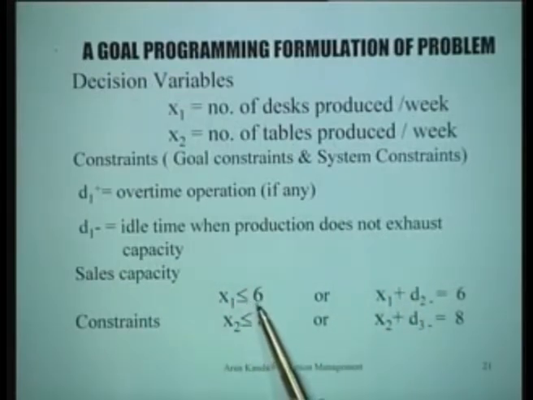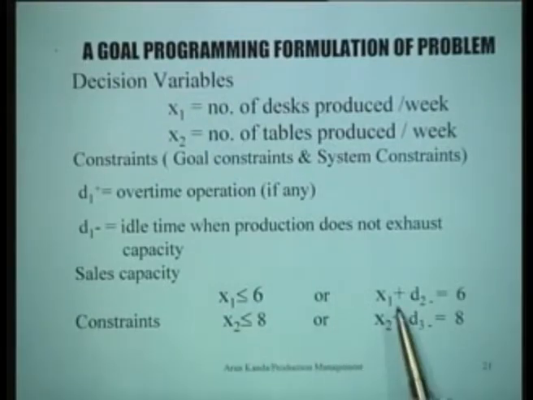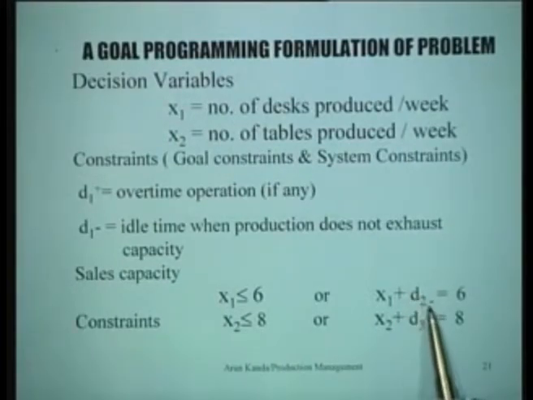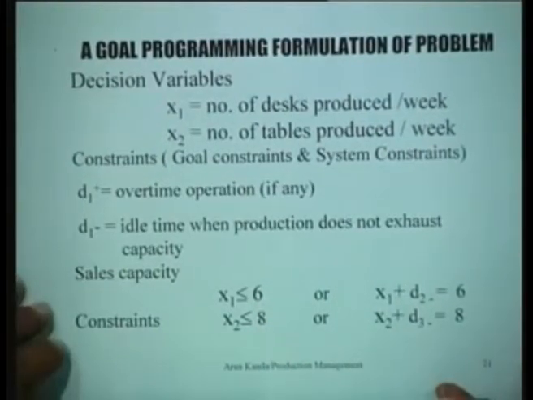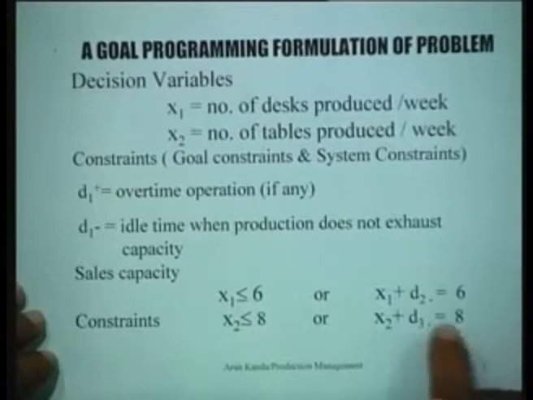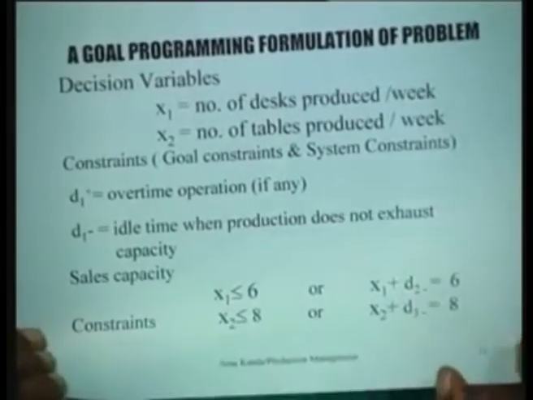This is the sales restriction, x1 is less than 6, x2 is less than 8, or we can introduce here something like a slack variable. So, D2 minus would be the undertime capacity. This is equal to 6 here, and this would be equal to 8. So, we have converted these two inequalities into two kinds of goals using these deviational variables D2 minus and D3 minus.